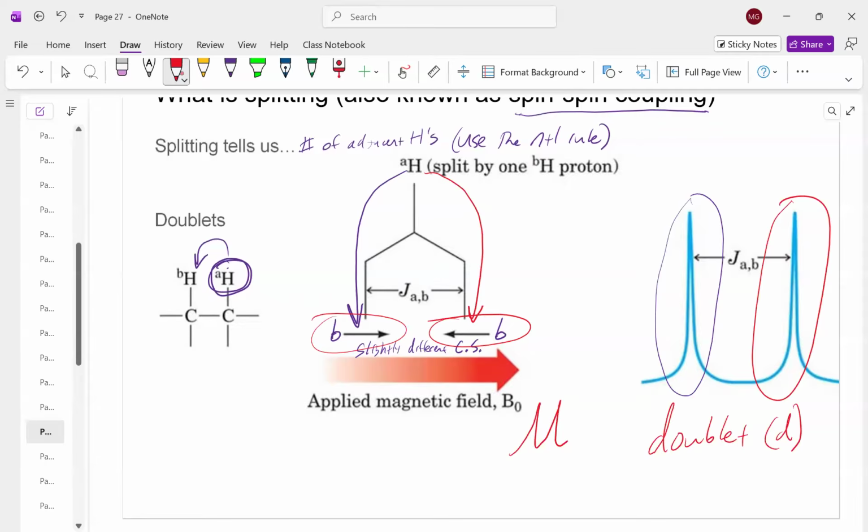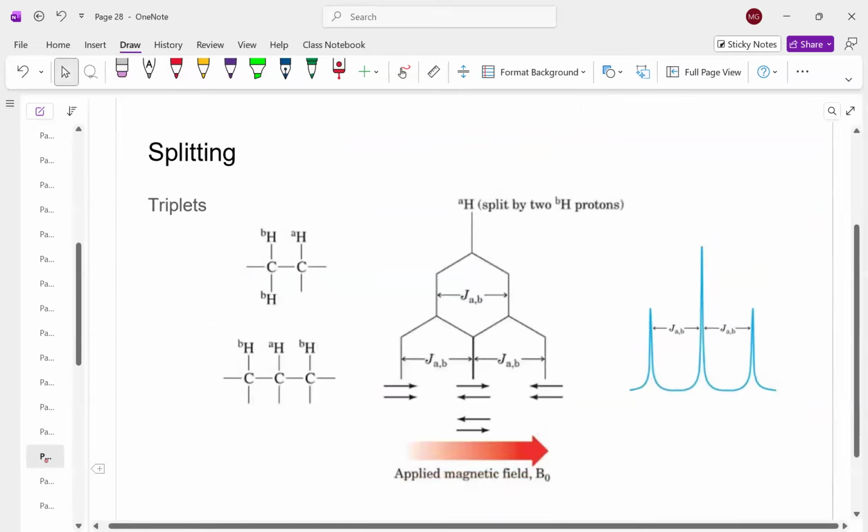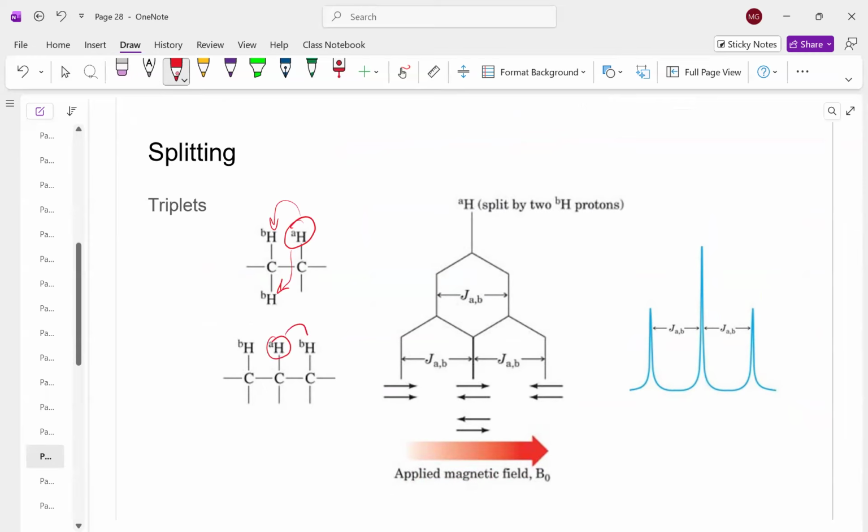Now let's get a little bit more complex. Let's look at an A hydrogen next to two B hydrogens, and we'll look at them going in one direction, or it is also quite possible that the B hydrogens are not on the same carbon.